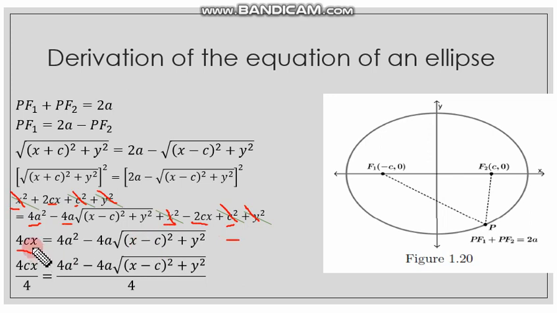So, for cx to be left alone, let's divide both sides by 4. They disappear, leaving 1 on each. So, leaving cx equals a squared minus a square root of (x minus c) squared plus y squared. Let's continue.